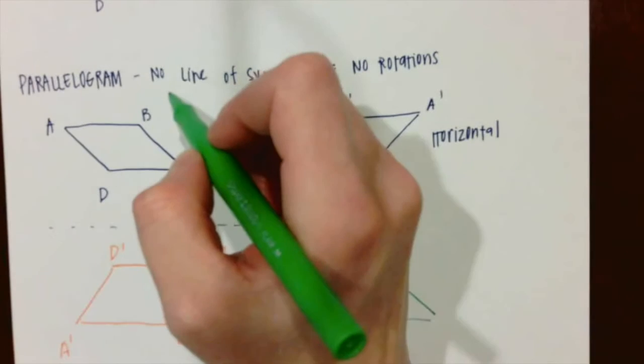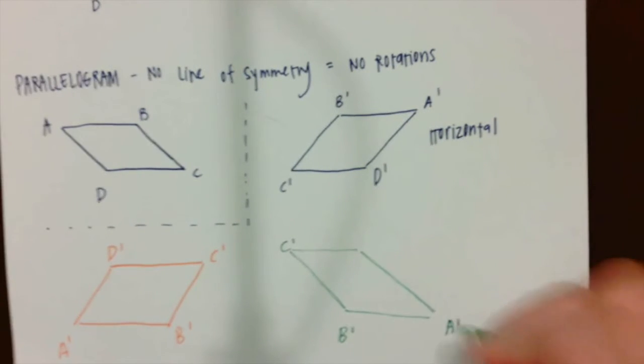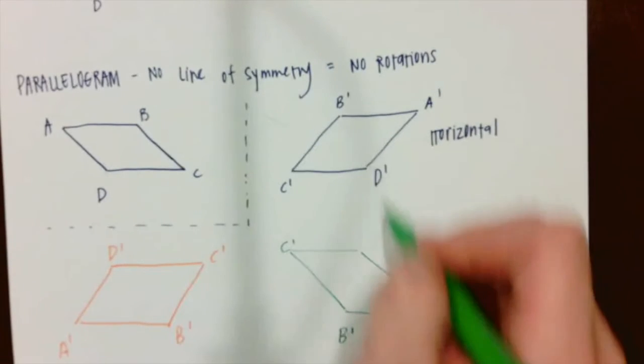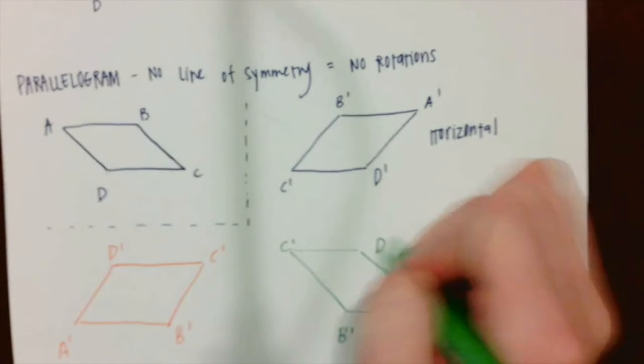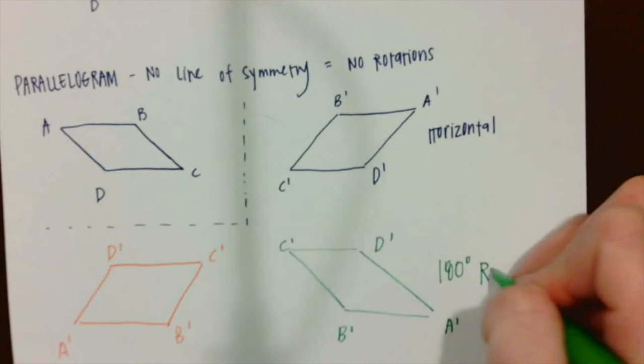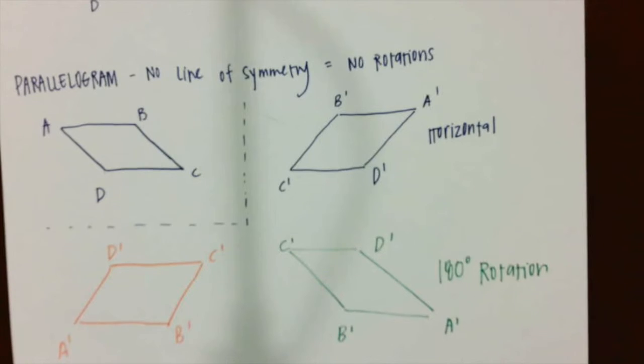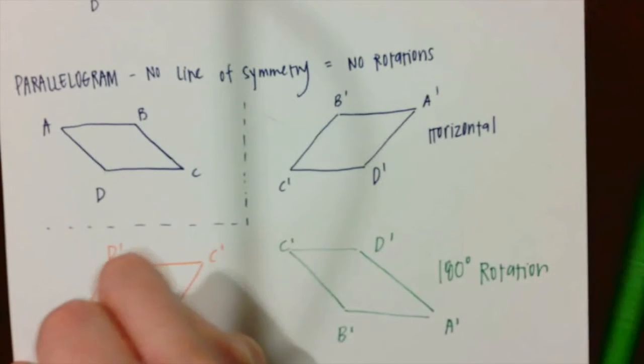B rotated 180 degrees down to here. A went 180 degrees over to this corner, and D went 180 degrees to right here. So we've got a 180-degree rotation, a horizontal flip, and a vertical flip.